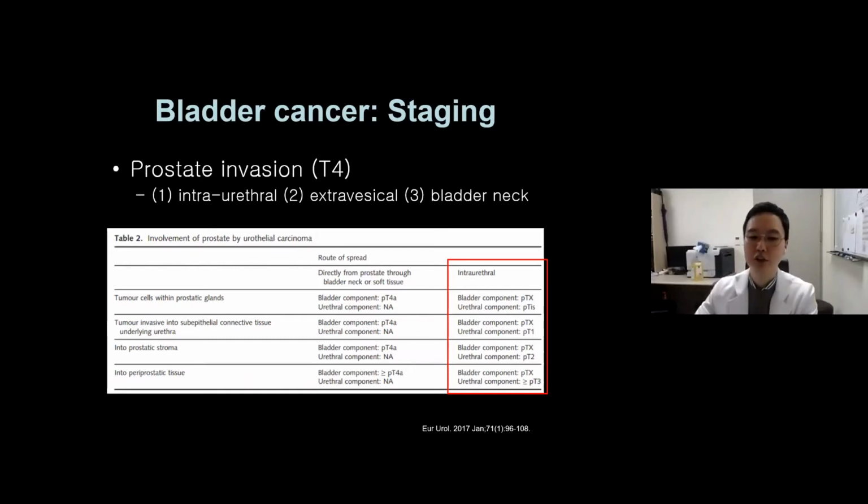In this situation, the staging should use urethral cancer staging rather than bladder cancer staging. So when you encounter this kind of lesion, you should be aware of how to define the T4 of prostate invasion.